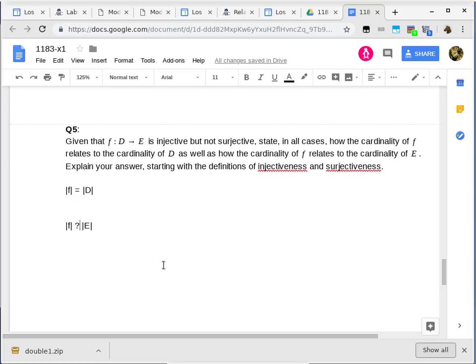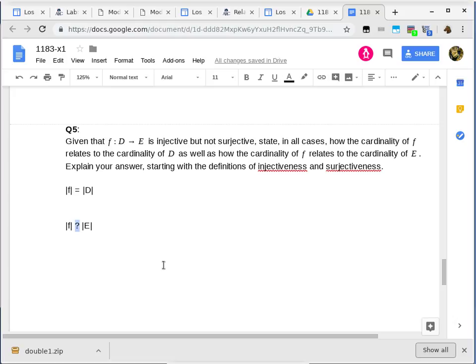Now, in order for the function to be injective, it means every element in D is mapped to a distinct element in E. Right? So that means E needs to have at least as many elements as there are in D to satisfy that requirement. So at this point it's greater than or equal to.